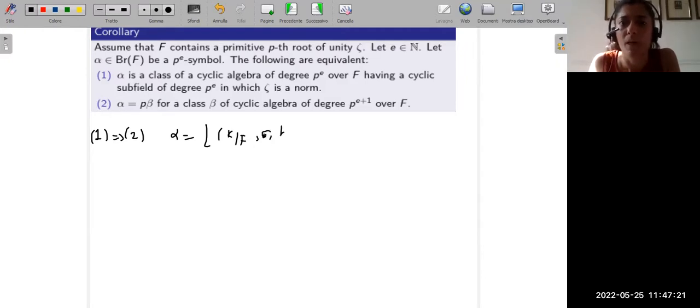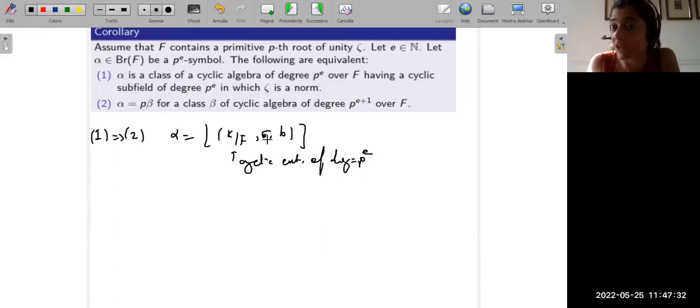Let me first write: this is a cyclic field extension of degree p to the power e, sigma is a generator of its Galois group, and B is a non-zero element in your field. But the assumption is that it contains a cyclic subfield where zeta is a norm. This cyclic subfield I choose such that zeta is a norm in K over F.